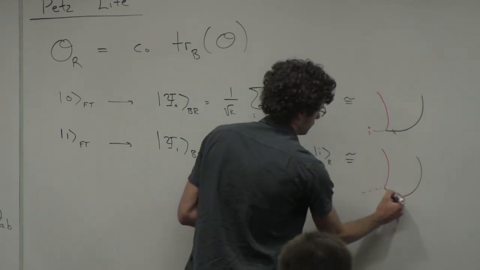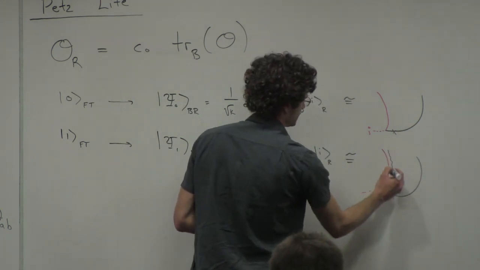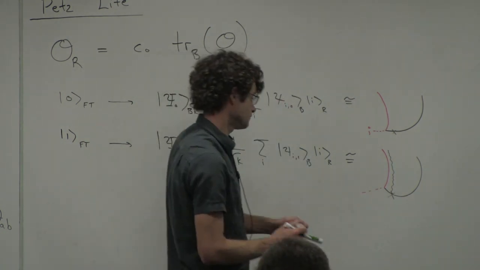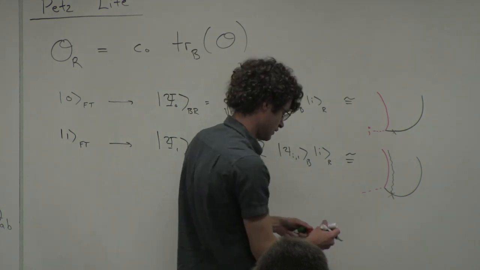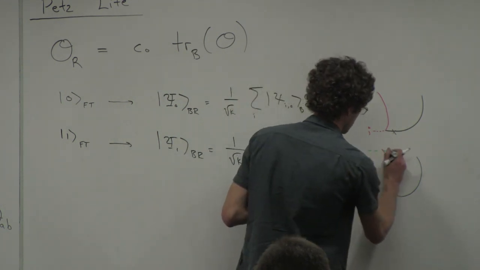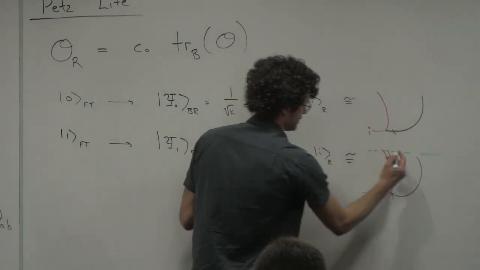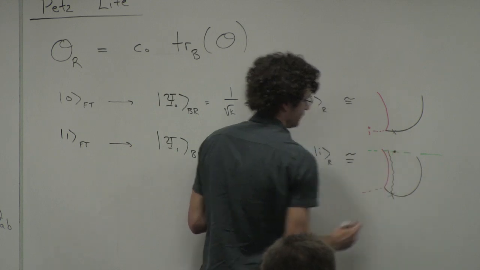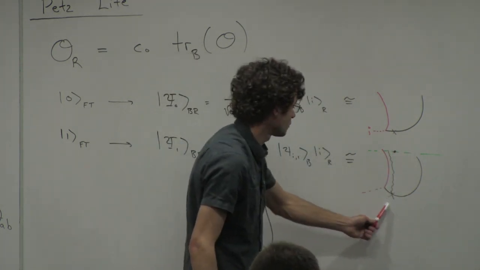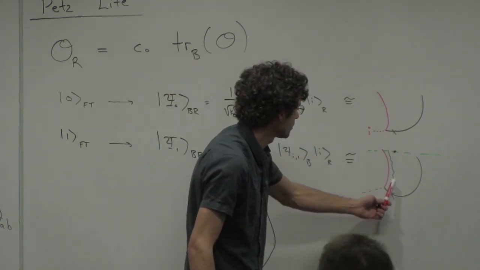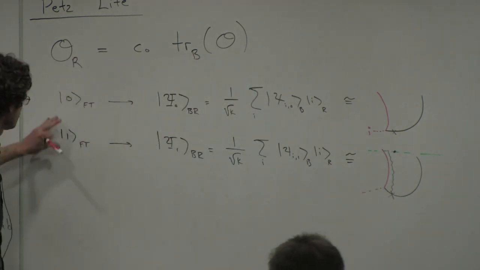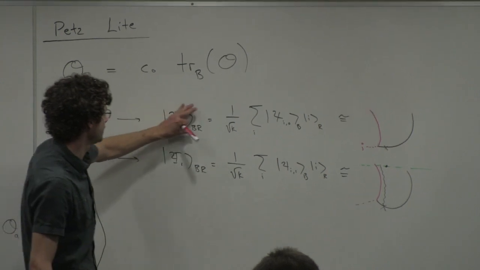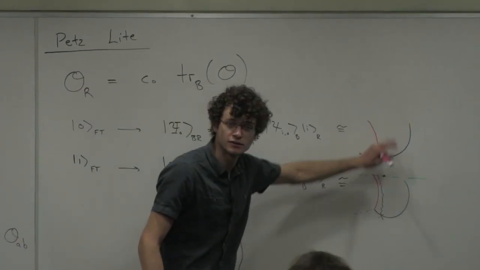Where we act with some operator that creates some bulk fields, creates one bulk particle, which is behind the horizon at time t equals 0. So the horizon is, let's say, at this point. And we've acted in such a way as to create some bulk particle behind the horizon. So these are our two states, zero field theory, one field theory, which are embedded in the BR system in this way.